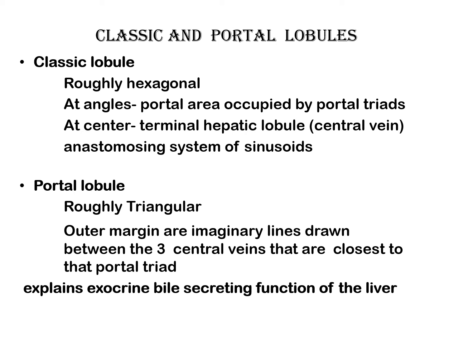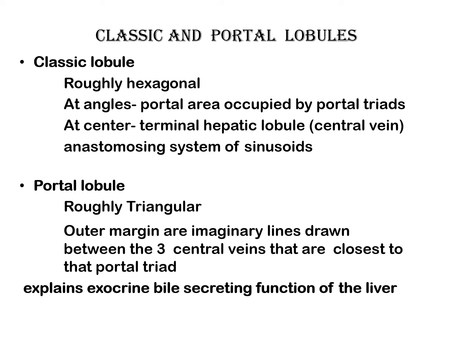Classic and portal lobules. First is the classic lobule. The classic lobules consist of roughly hexagonal plates of hepatocytes. They are also called hepatic lobules. One portal canal is located at each corner of the hexagonal classic lobule, making a total of 6 for each lobule.